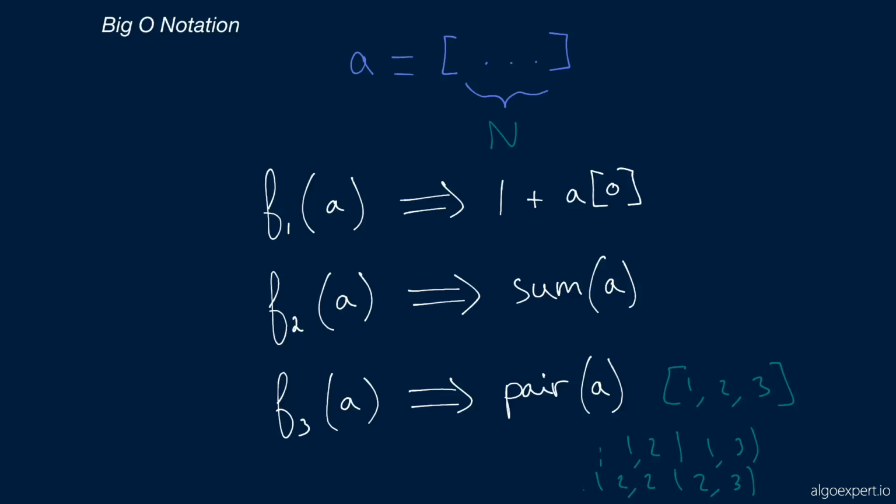Okay, so these are the 3 algorithms, and now let's assume that we wanted to express their time complexity using the suggestion that we gave before, expressing the time complexity in seconds. Basically, how many seconds or milliseconds does it take to run these 3 algorithms?